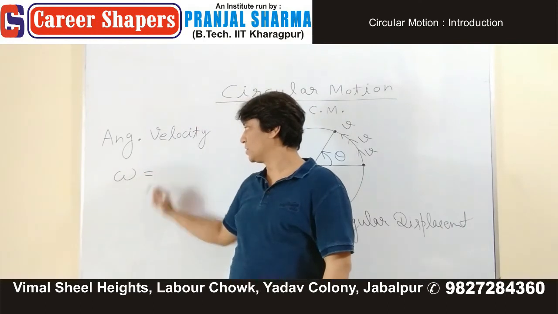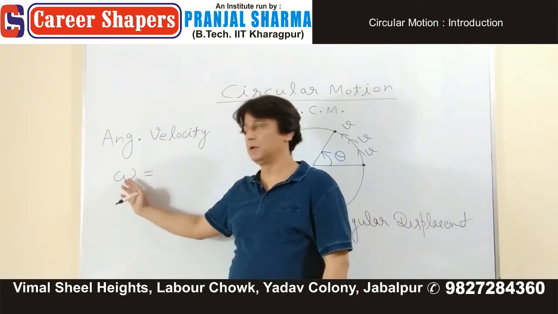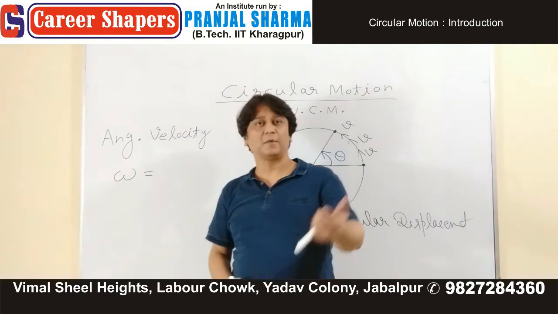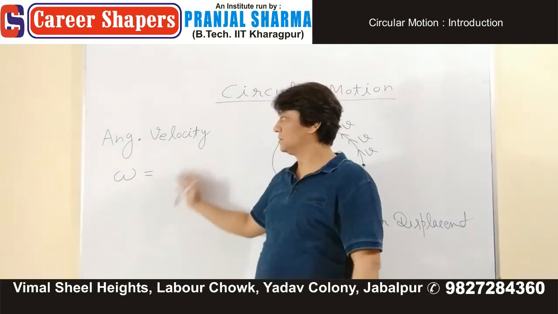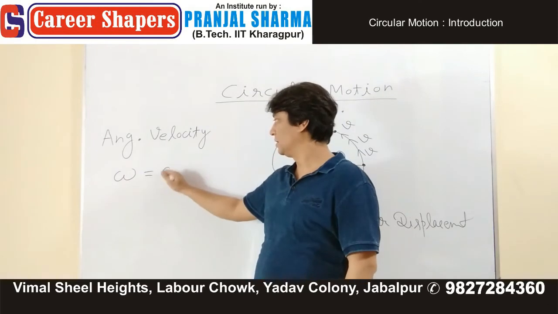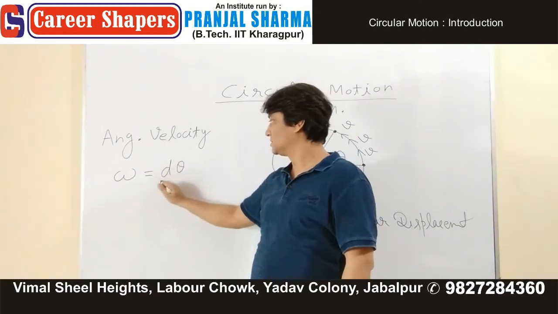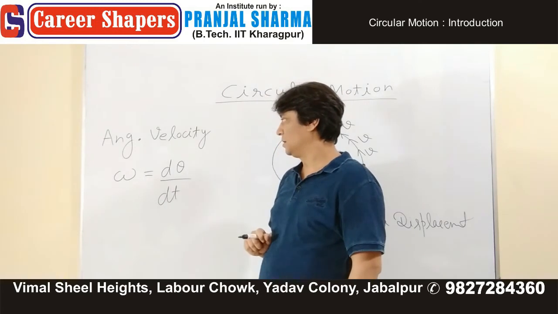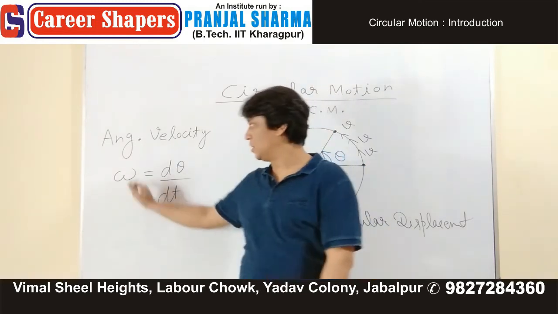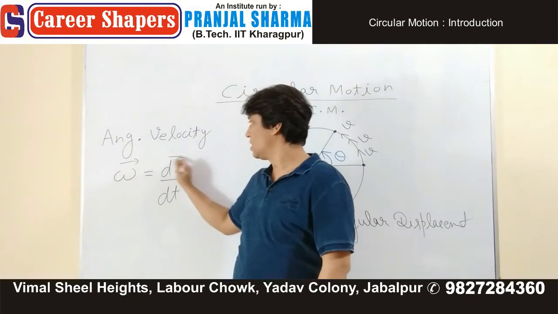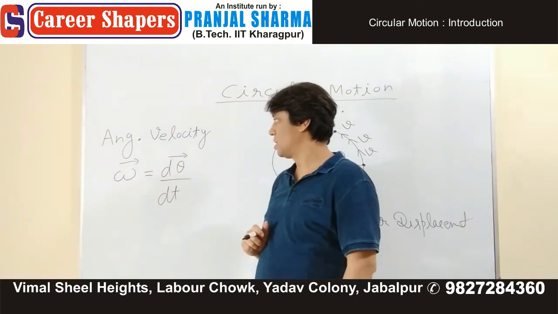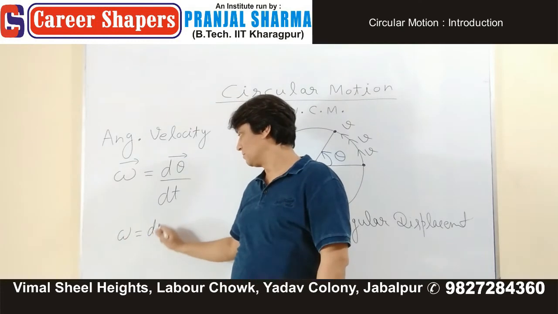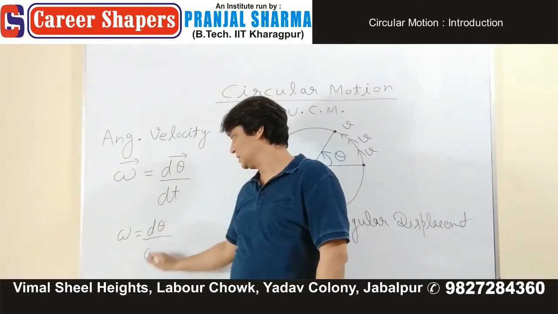It is represented by omega, which is nothing but W. It is represented by omega and is d theta by dt. And if you wish, you can now write like this. But mostly you will find that it's in this form.